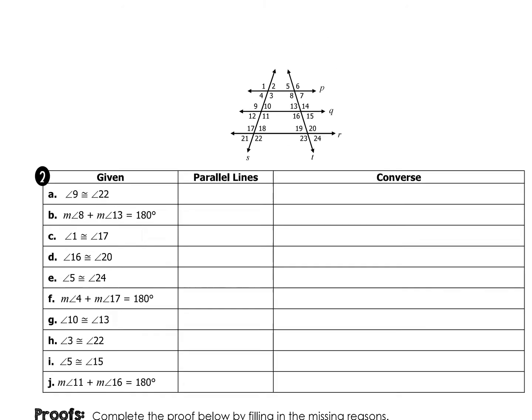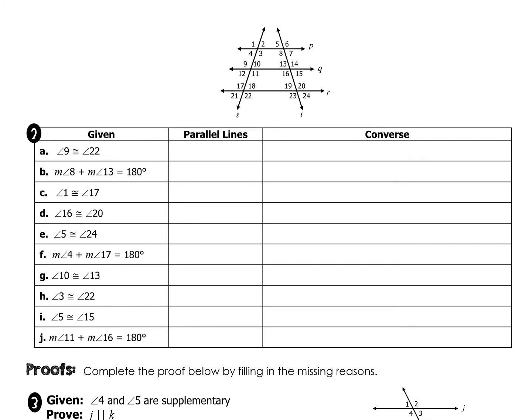All right, so here we go. Example 2, a little bigger diagram here, but it's not a big deal. Angle 9 is congruent to angle 22. Okay, so those are on transversal S, and those are alternate exteriors.